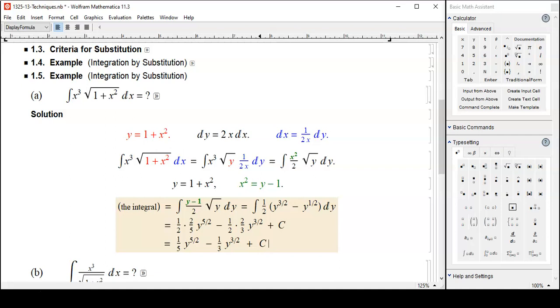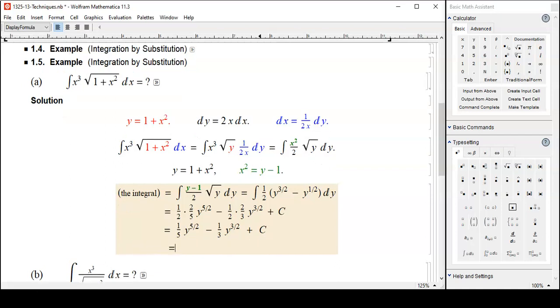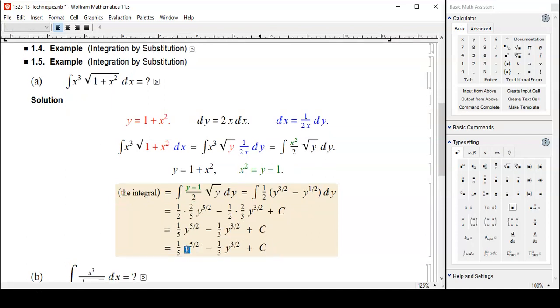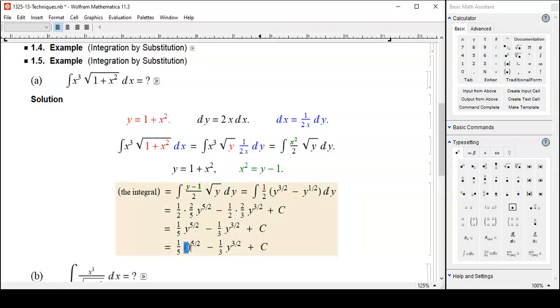Okay, all right. Is that the correct antiderivative? Yes, it is. We don't have the integral sign anymore, and we have plus c, but not the final answer yet, because it's still written in terms of y. So I need one more substitution. Copy and paste this entire thing. And then what is y? Y is 1 plus x squared. So this one.